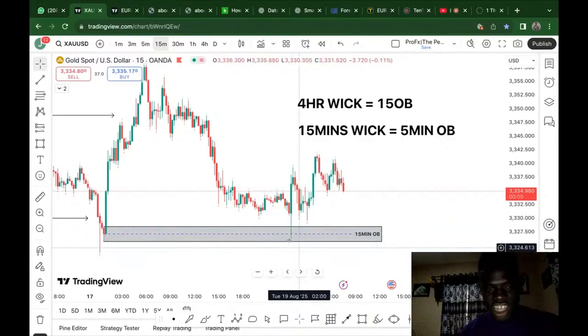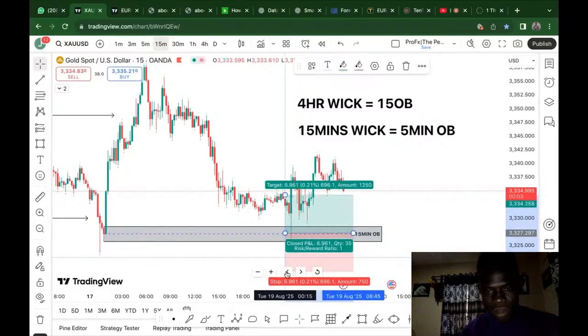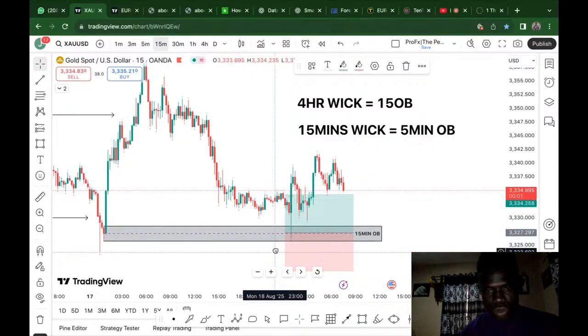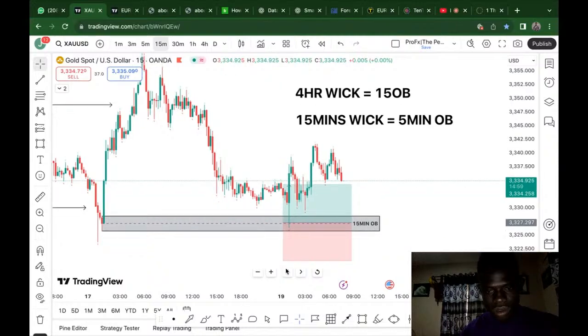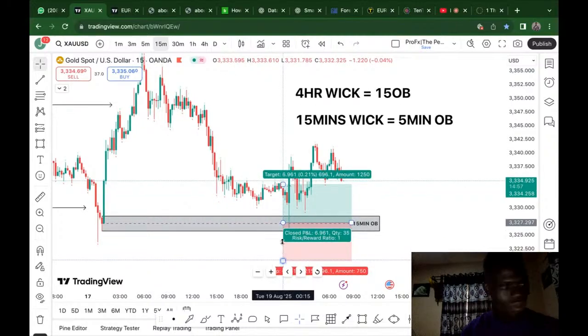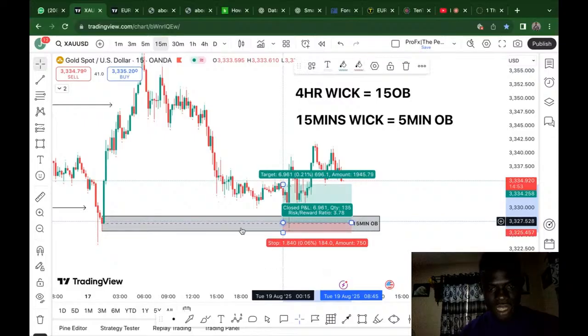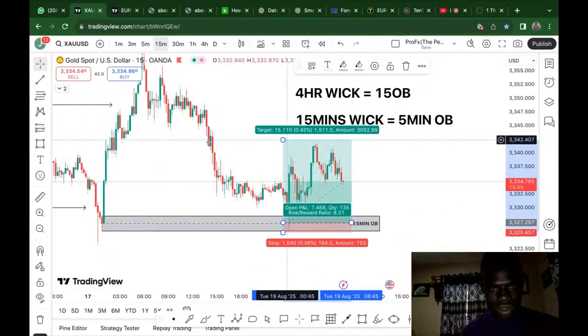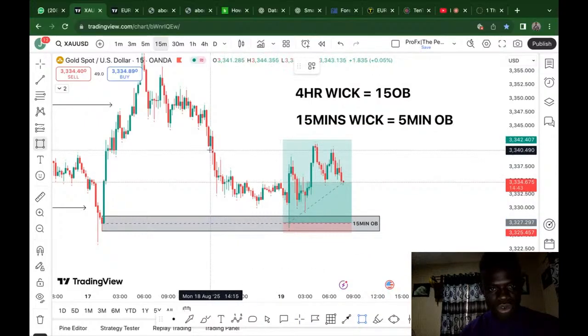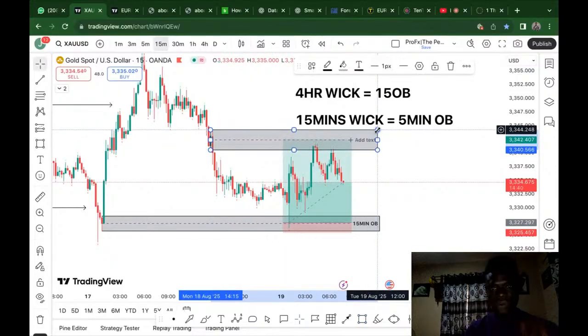If you are entering your buy from here, where should be your first take profit? Your first take profit is at the opposite order block, which is here. You can see drop, base, drop. We have an opposite order block resting here. That's your first take profit.